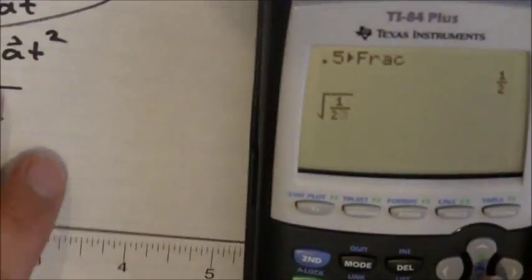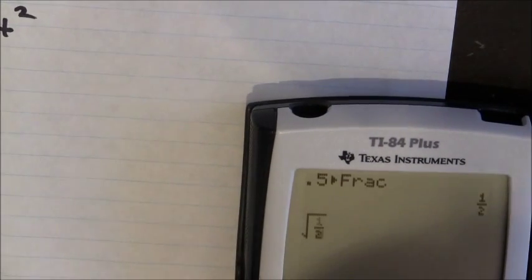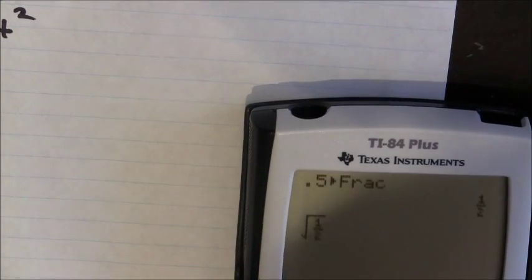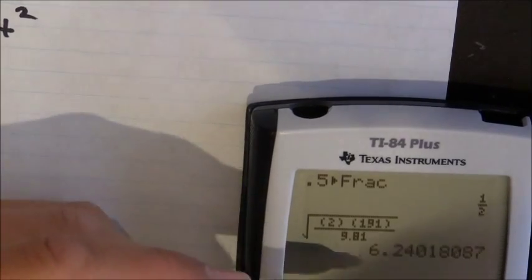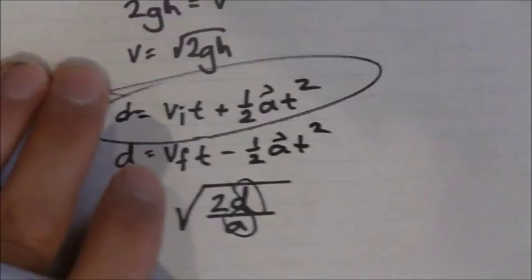It should be around 6.2 seconds, I think. So if we plug that in, we've got 2 times 191 over 9.81. Yeah, 6.2 seconds. And that's freely falling.